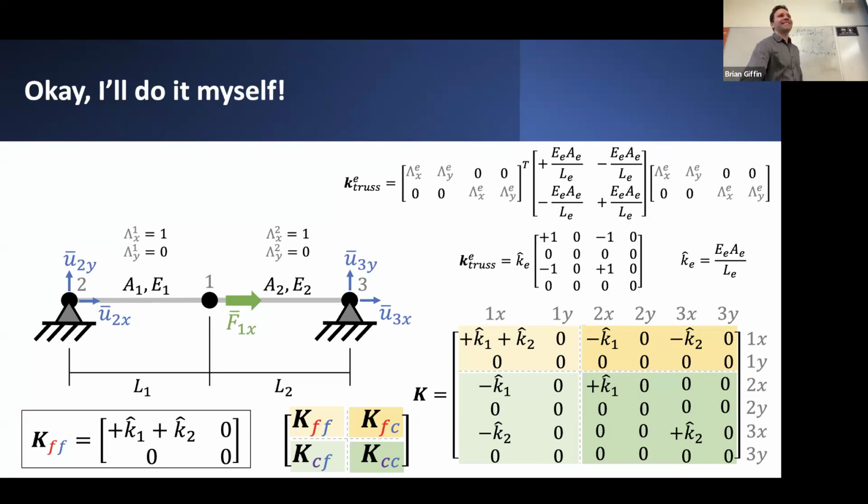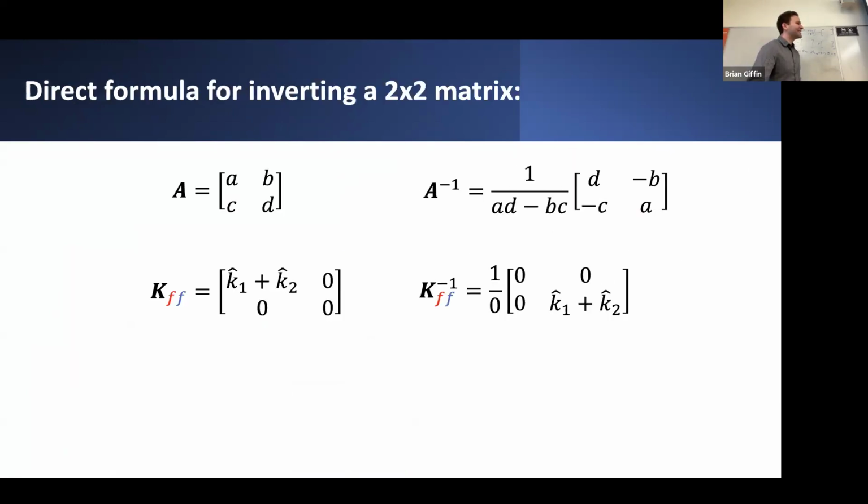And we could stop there, but why stop there? There's a little bit more that I want to show in relation to this. If I were to try to do this inversion, there is actually a direct formula for computing the inverse of a 2 by 2 matrix. It's what's shown here. If I have the entries of some 2 by 2 matrix A as a, b, c, and d, the inverse of this small 2 by 2 matrix is 1 divided by ad minus bc.